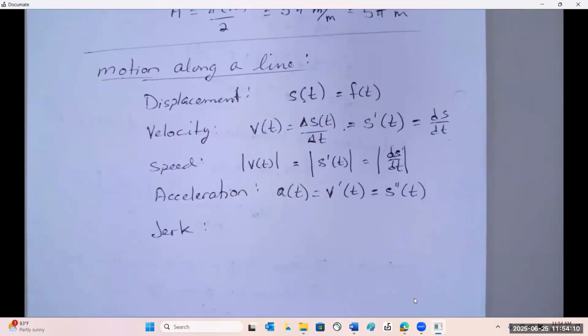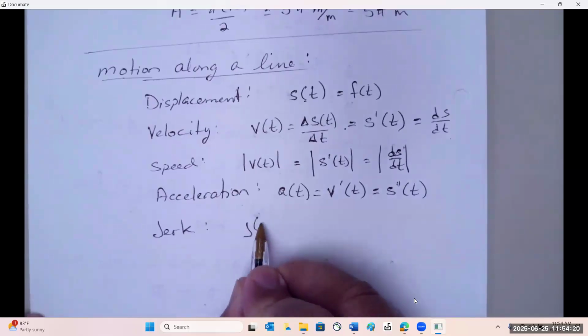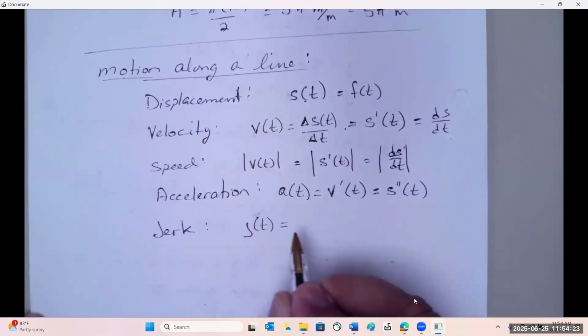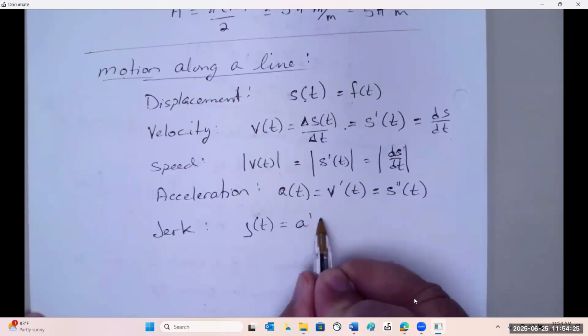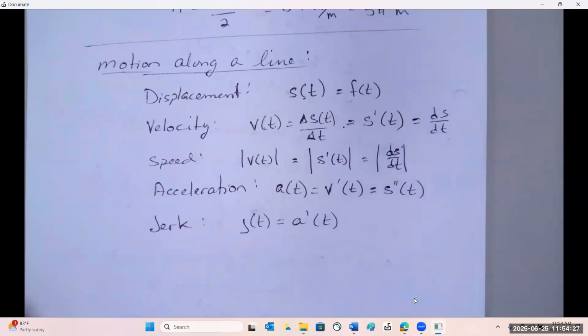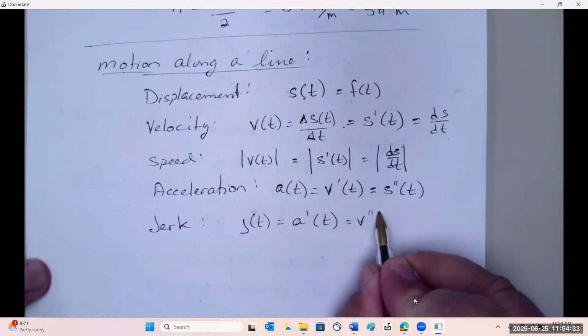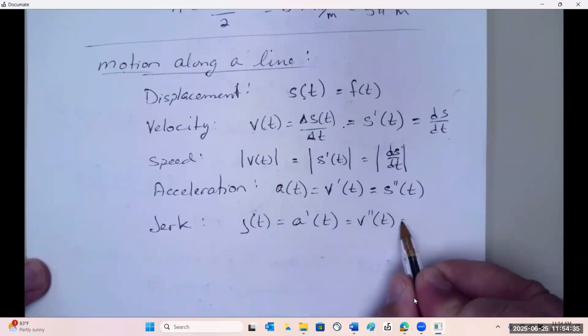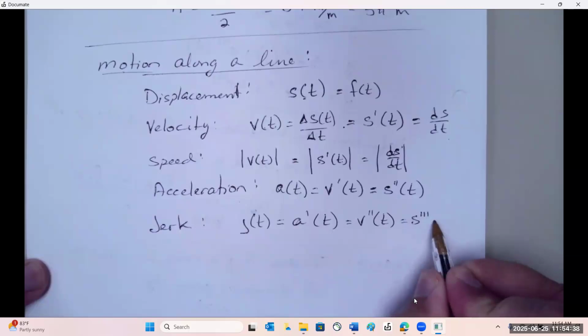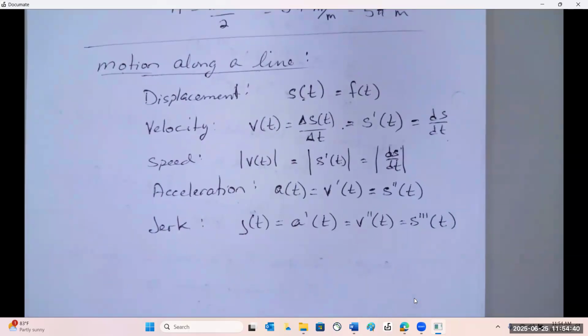It's the change of position over change of time. And jerk is simply the change of acceleration, which means it's the second derivative of your velocity, which means it's the third derivative of your displacement.